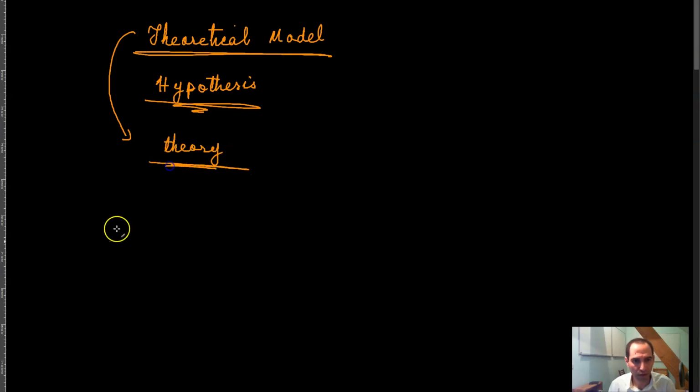So you can say that a theory is a completely tested explanation of the behavior of nature. It is an explanation. It's not a law. A law tells you this relationship is there. The theory tells you why that relationship is there. It is the explanation for the scientific law, right?